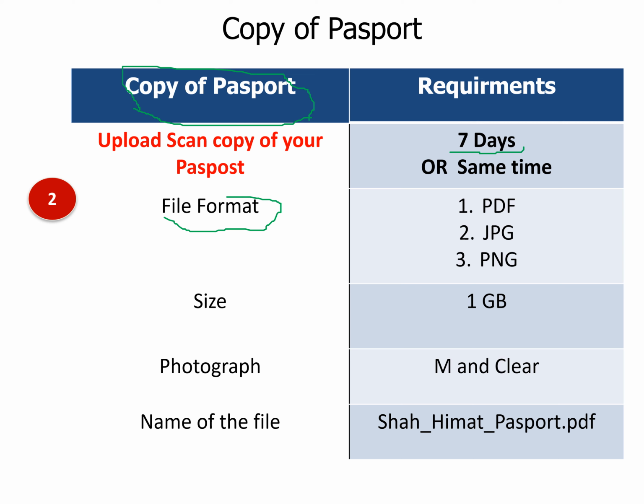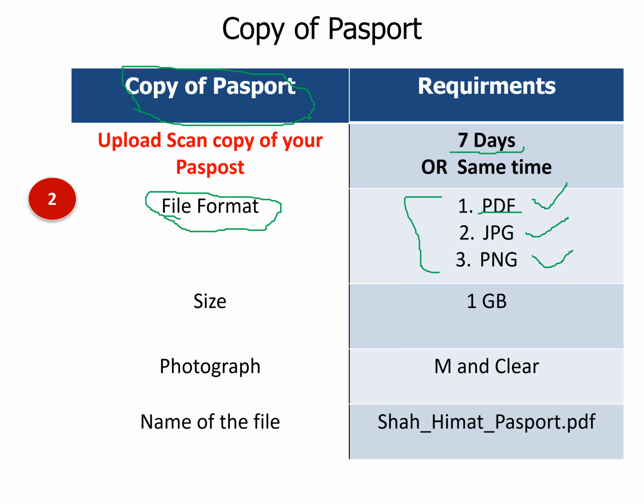Next question is the file format. What format should a file be? There are three formats. The file that you are going to upload should be a PDF, JPG or PNG. Out of the three, any one format is valid. I prefer PDF, it is better than any other format.